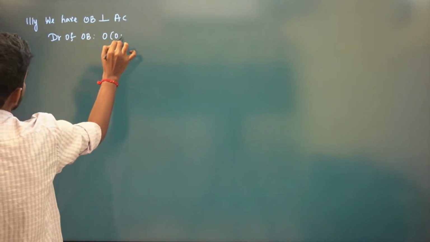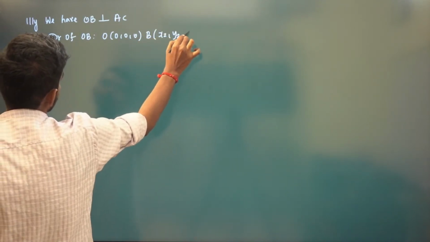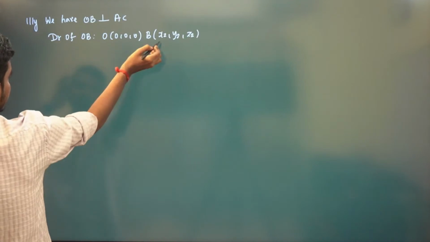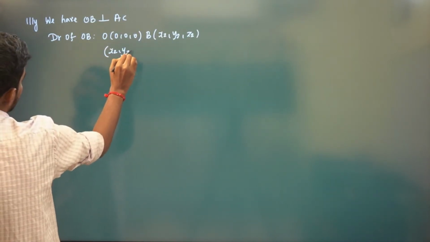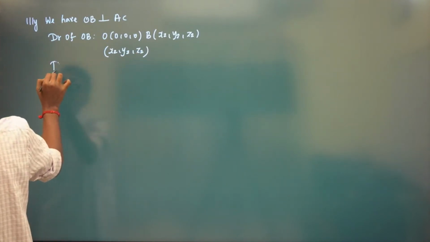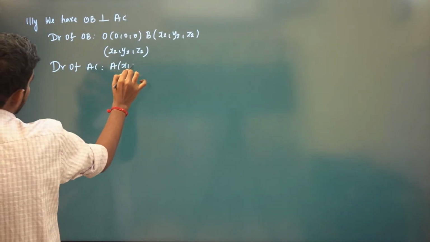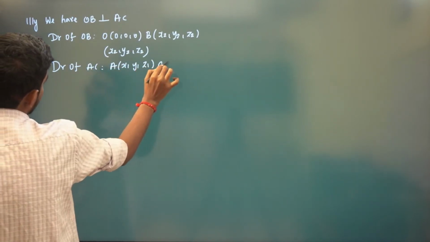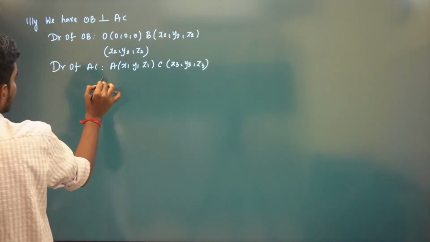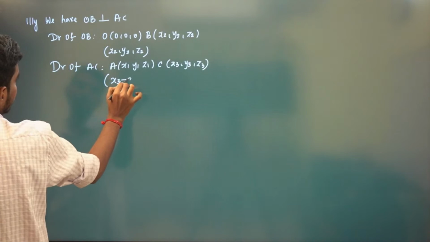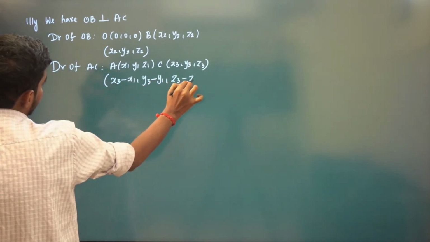O is origin, B is x2, y2, z2, so the direction ratio is x2 minus 0, y2 minus 0, z2 minus 0. Now what about the direction ratio of AC? A is x1, y1, z1 and C is x3, y3, z3, so the direction ratio is x3 minus x1, y3 minus y1, z3 minus z1.